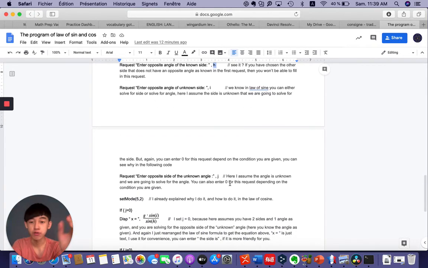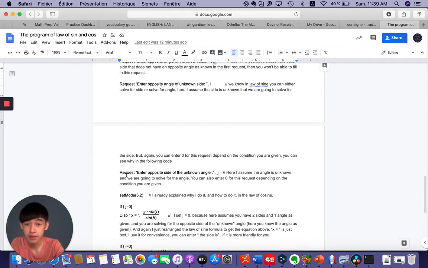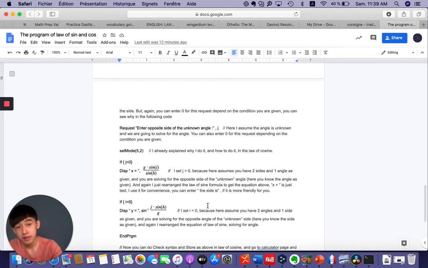I'm assuming the angle side, or side angle, or angle side angle cases in my calculator. And the last is enter the opposite side of the unknown angle. And here I also put set mod 52.